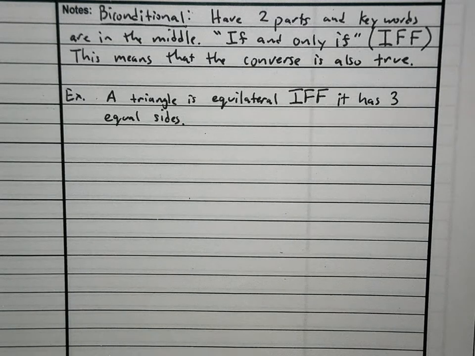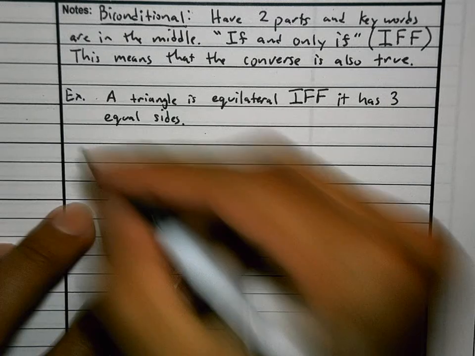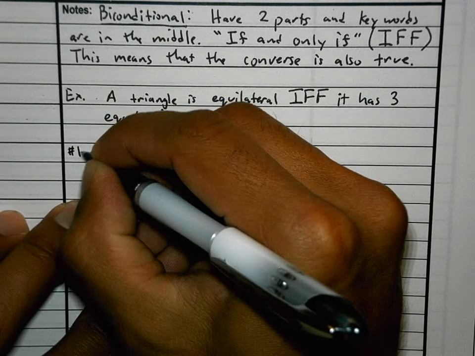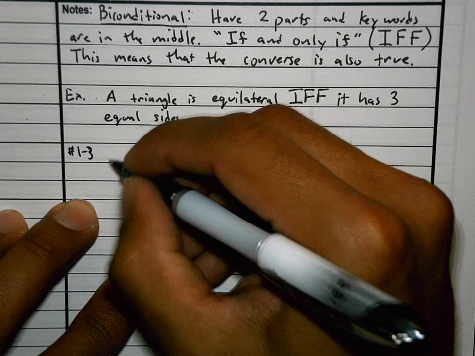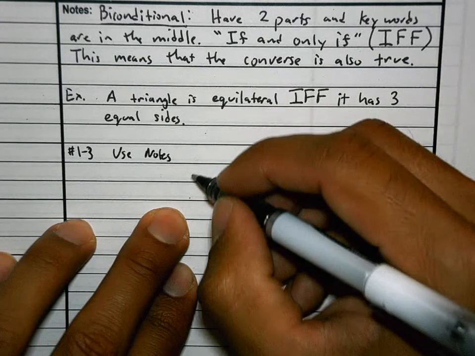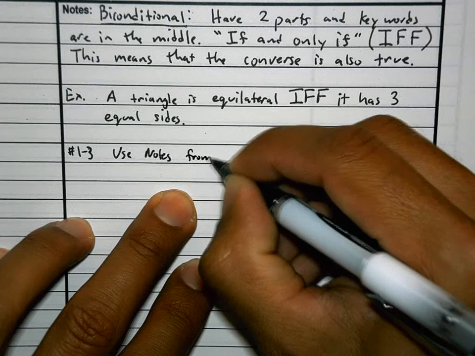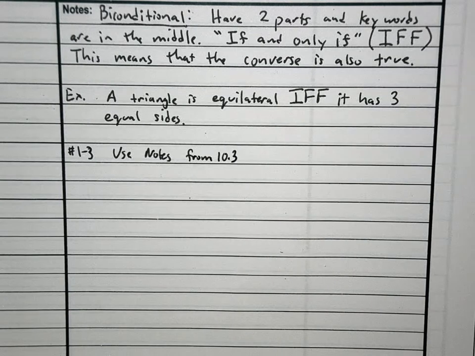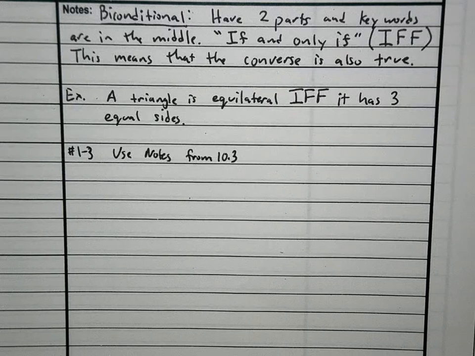So I don't feel like I need to go over it, I'm just going to put this on your notes. Numbers 1 through 3, use your notes from 10.3. That's no big deal. It's review.